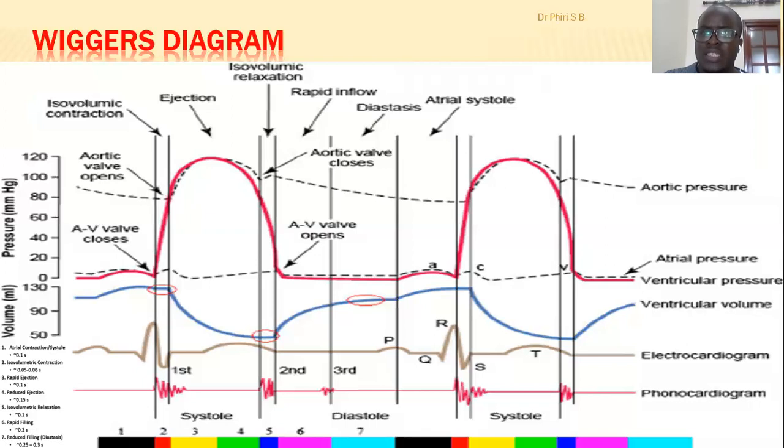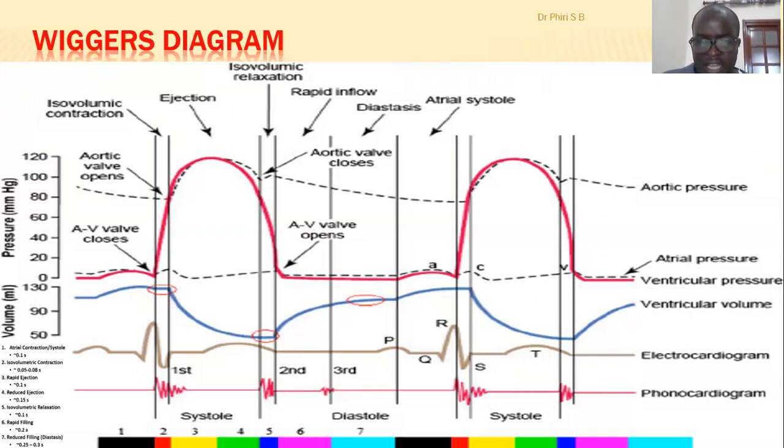But now when you are looking at the aortic pressure, this line here is indicating the aortic pressure. You can see during diastole and during isovolumetric contraction, the aortic pressure is reducing because this is during diastole. When the semilunar valves open, initially the aortic pressure can be 80 millimeters of mercury, but when the semilunar valves open, the pressure in the aorta is going to increase to become more than 80, because now the pressure coming from the ventricles is being pushed into the aorta.